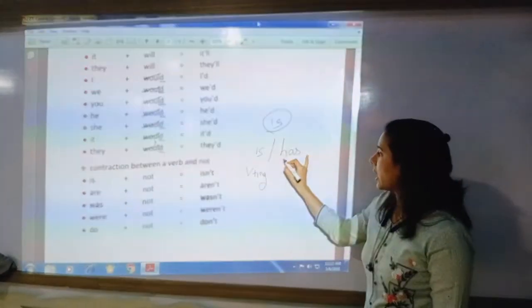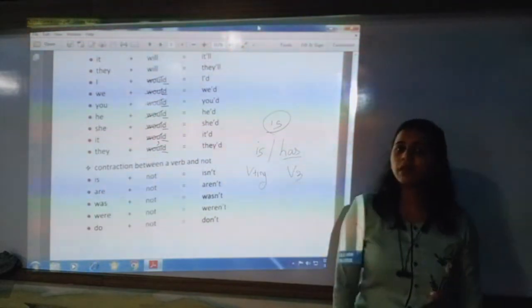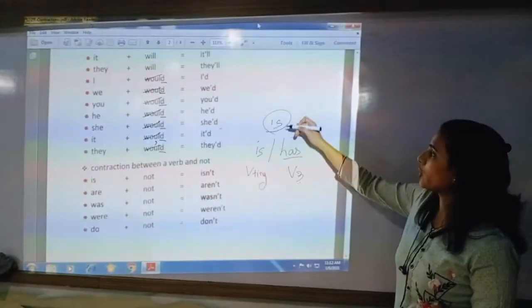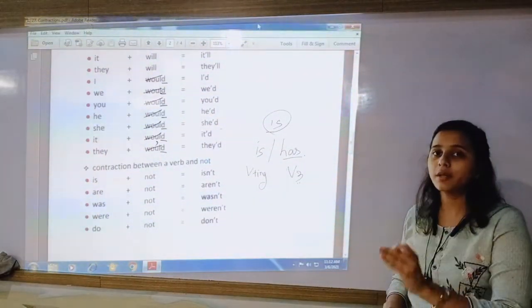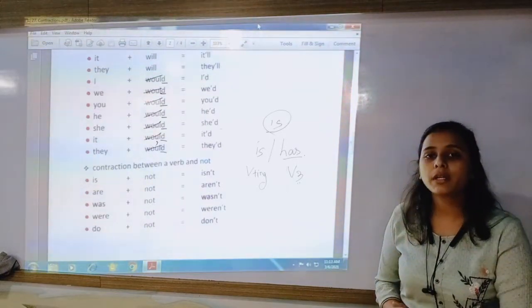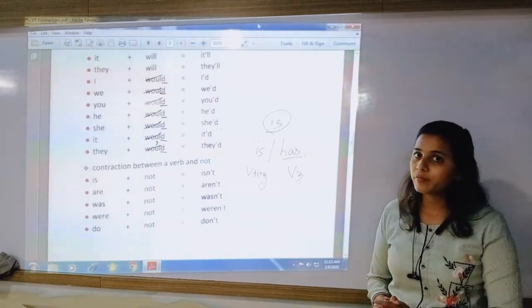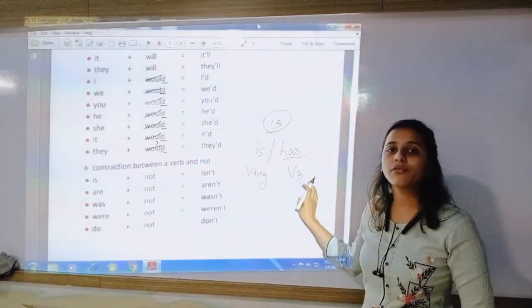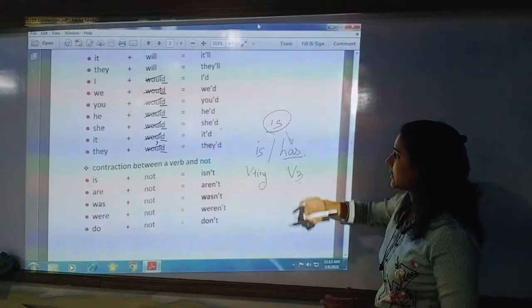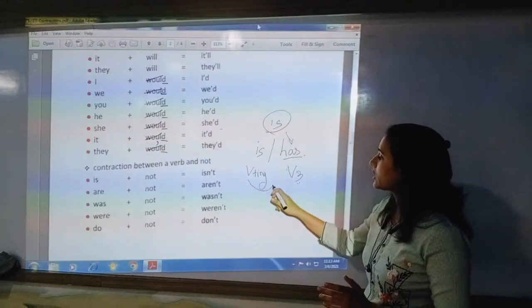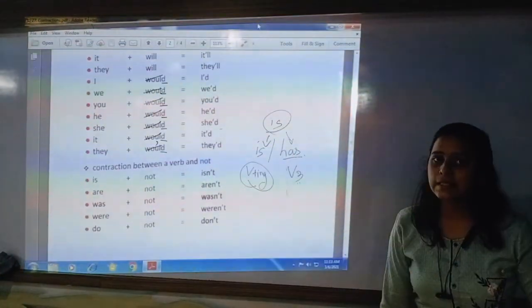And if after apostrophe S the past participle form is given, that means the apostrophe S is for has, because has is used in perfect present tense, and in perfect present tense the past participle form of verb is used. So if you see the past participle form of verb, that means apostrophe S is for has. If you see the ing form of verb, that means apostrophe S is for is.